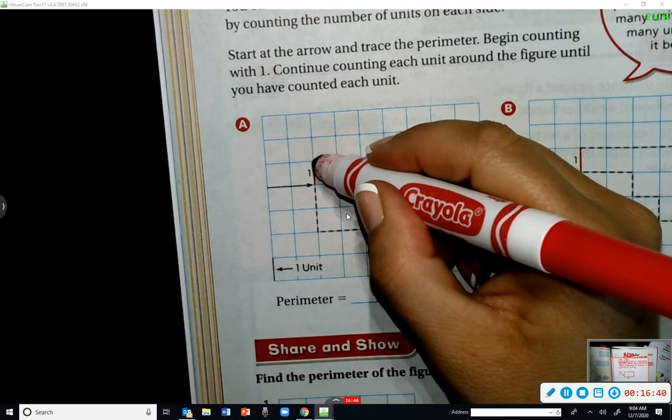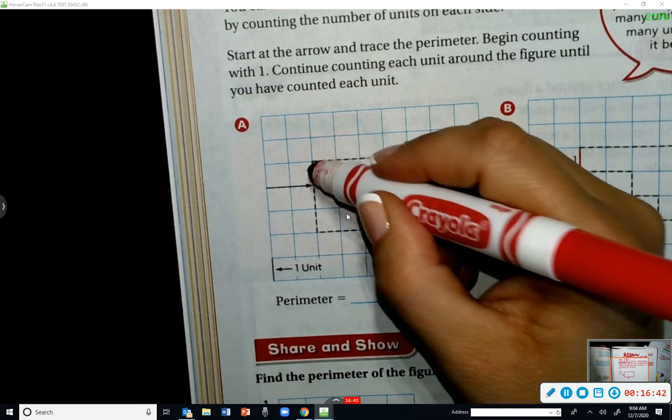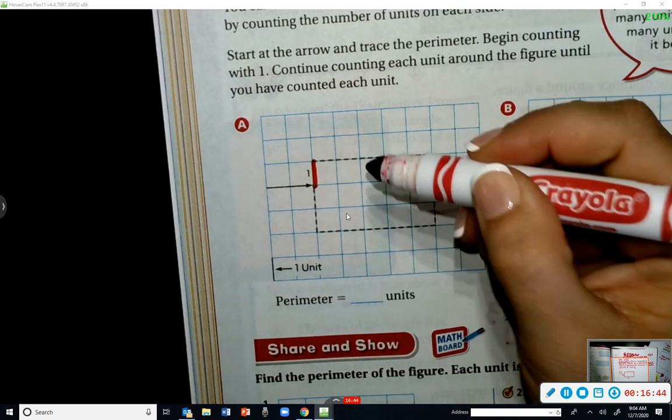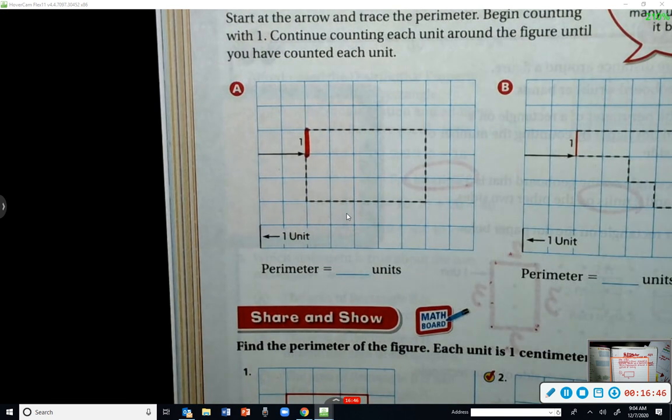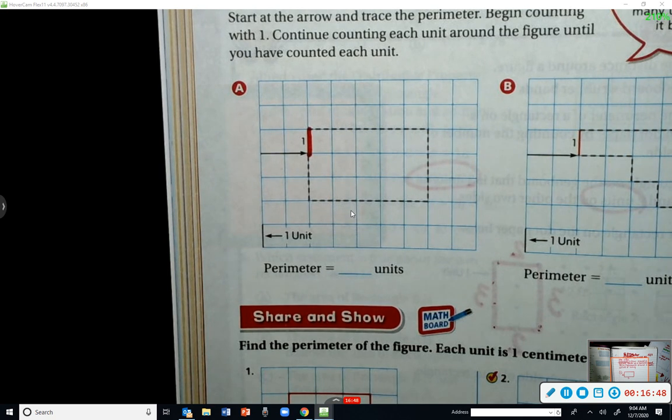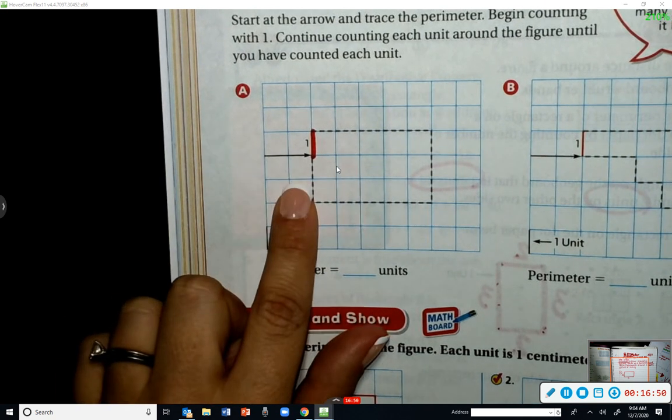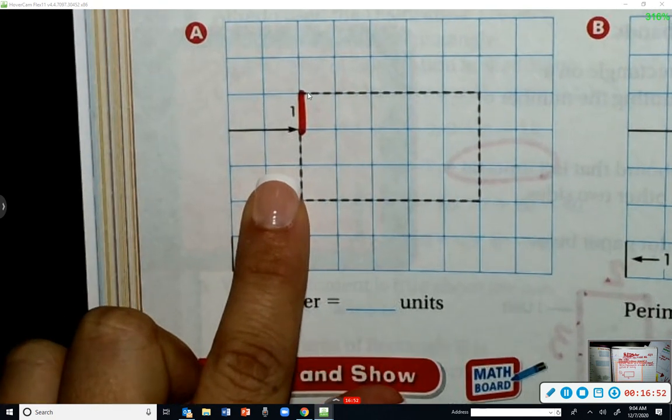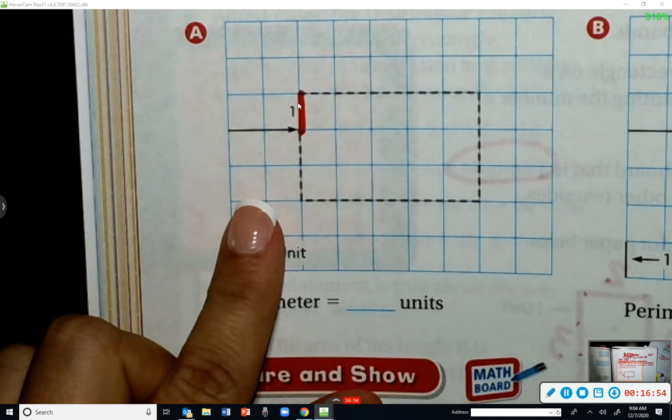Does everybody see this red line? We're going to count starting from there. So that's 1. And everybody see the blue squares? That's what we're counting. So this is 1 because it goes down from the corner to the end of that next box. Okay?